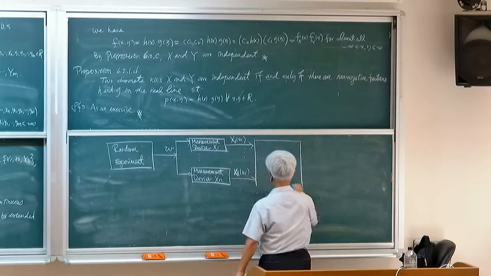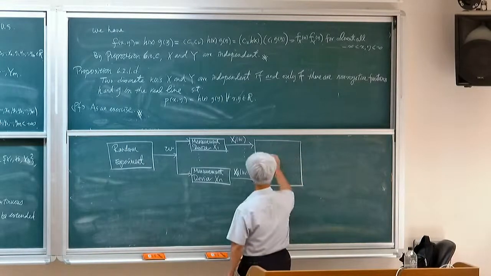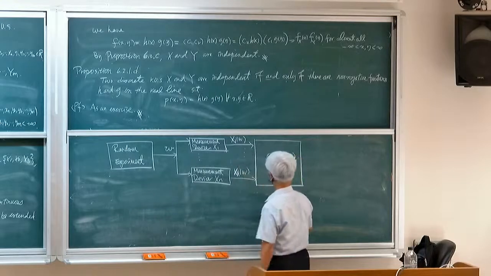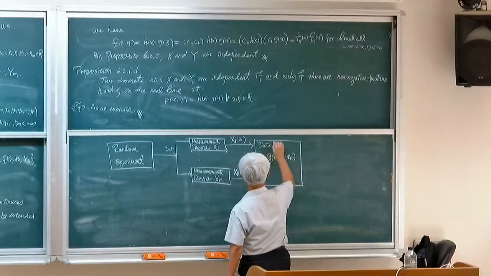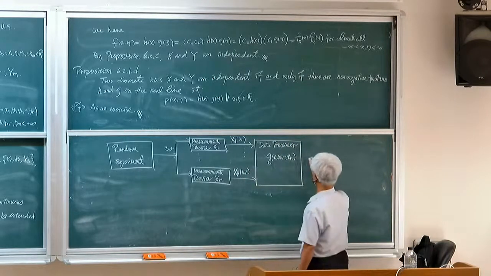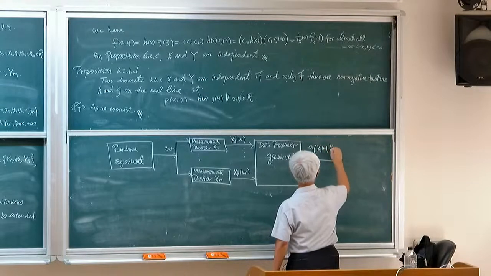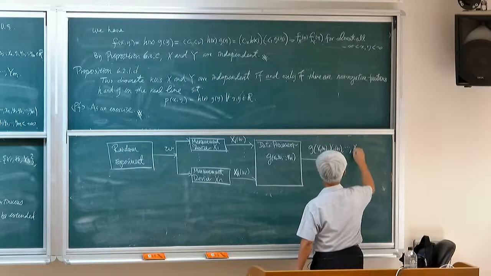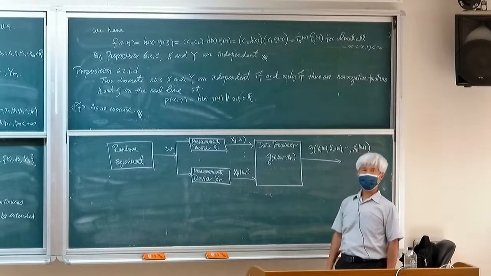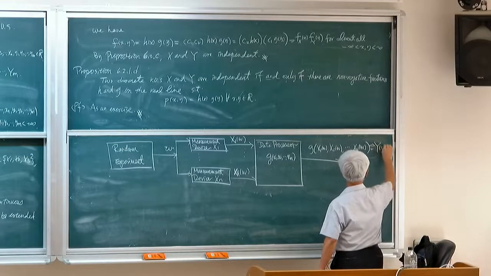And the measurement data will go through the same data processor and give us g of X1 of omega up to Xn of omega, and we define this to be Y of omega.